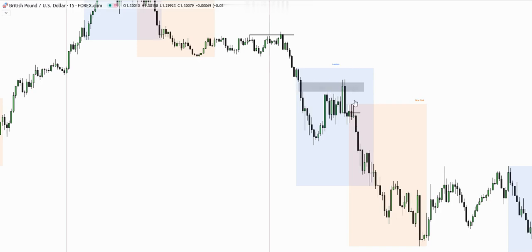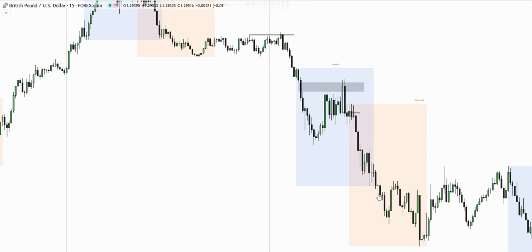Now you can confirm that price took out liquidity during New York midnight open and then came down. London likely to make the high of the week. Then what do I anticipate? New York reversal downwards. No, continuation rather downwards. So what do you have there? That's another block. So this can be your entry there, because we are inside the kill zone.